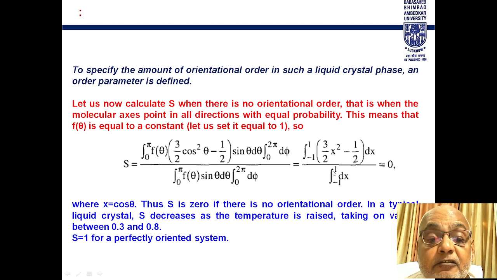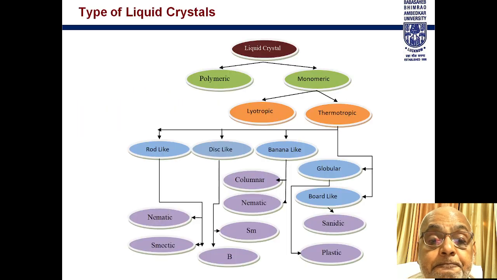Thus S is 0 if there is no orientational order. In a typical liquid crystal, S decreases as temperature is raised, taking on values between 0.3 and 0.8. S is 1 for a perfectly oriented system.